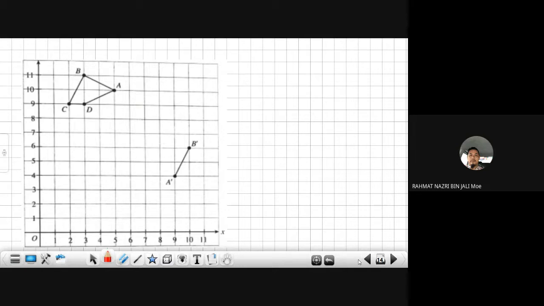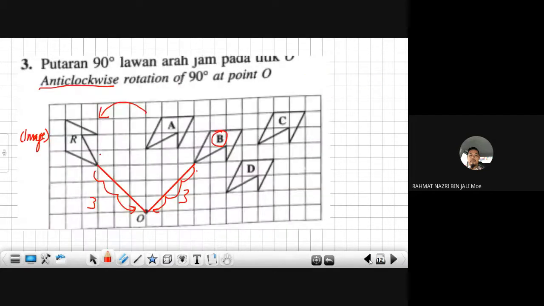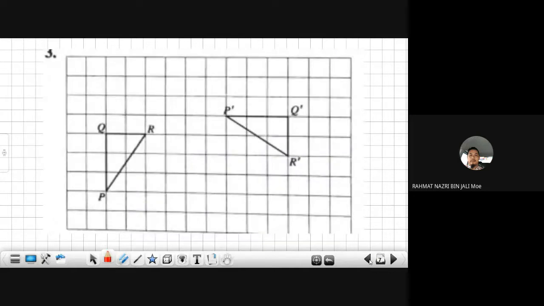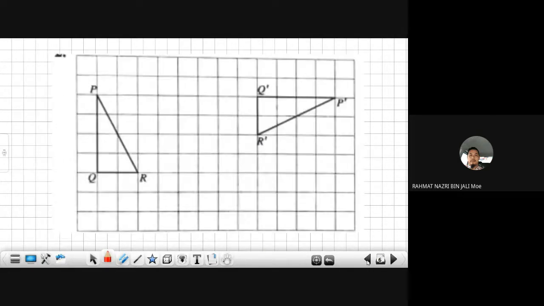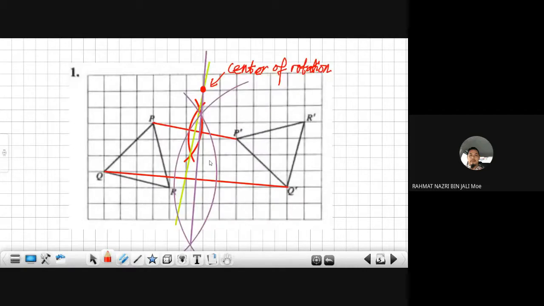Next one, next page, page 109, question number 1. Okay, this is question number 1. The way we look for the center of rotation, firstly, we connect P to the P prime with a straight line.